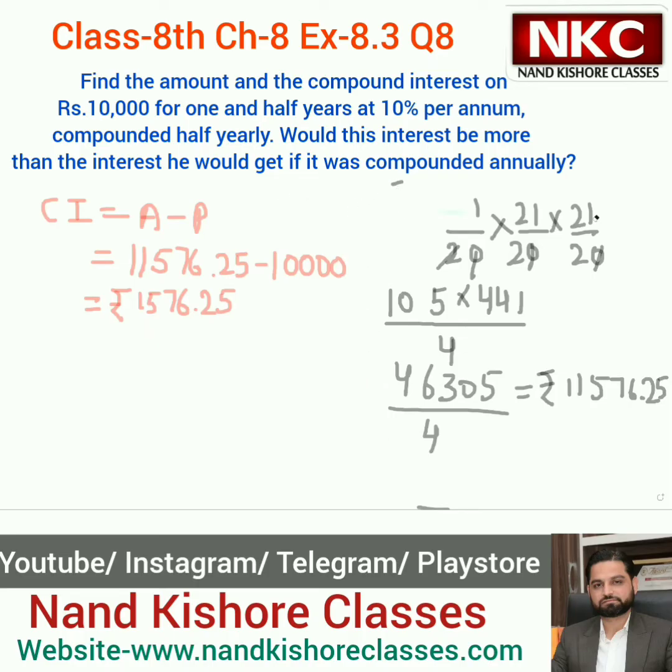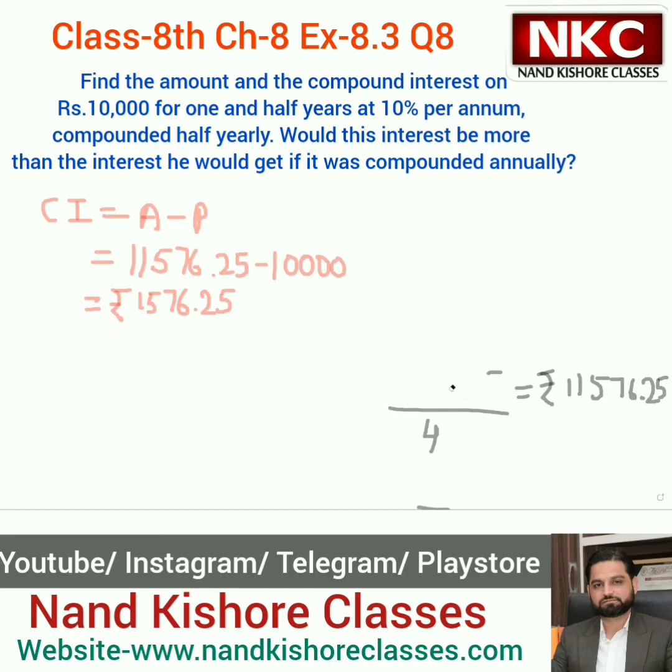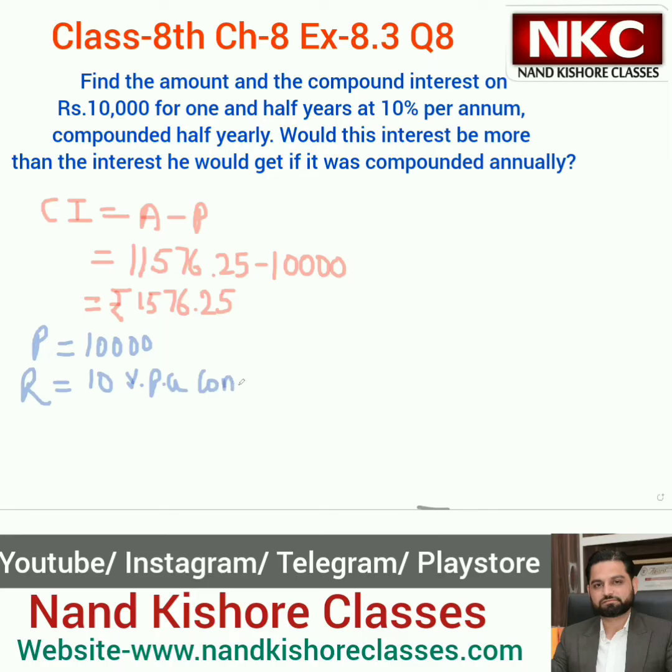So let us start doing the case considering compounded annually, but the same question. Since the time allowed is 1.5 years, let me first write the principal amount. Principal is the same, 10,000. Rate we have is 10% per annum, but now it will be compounded annually.